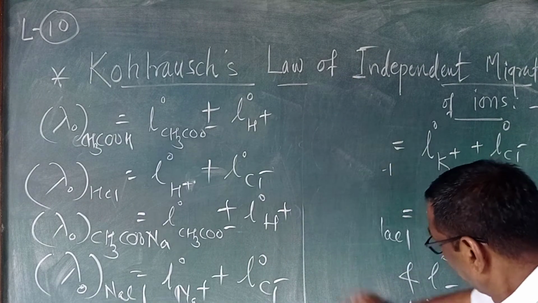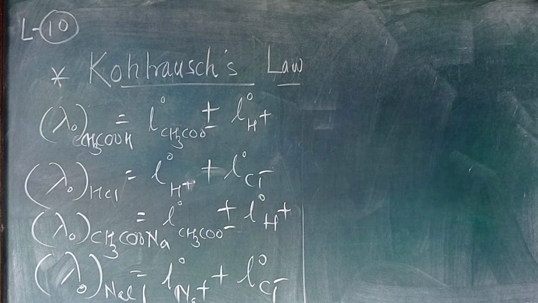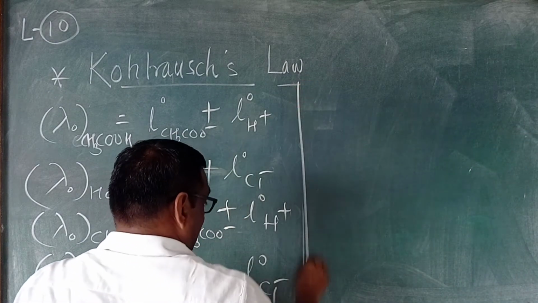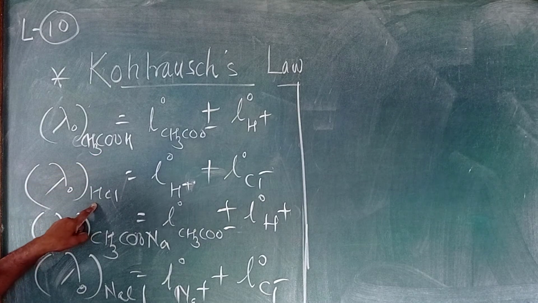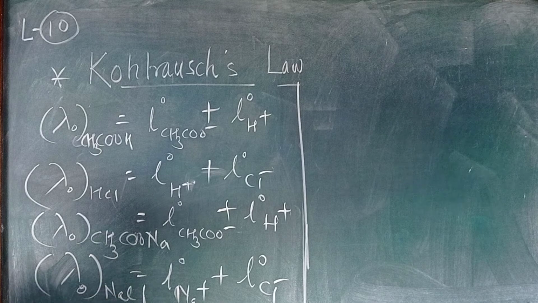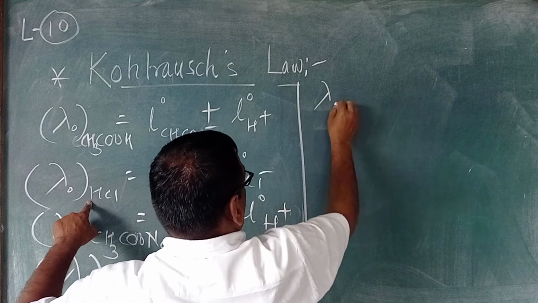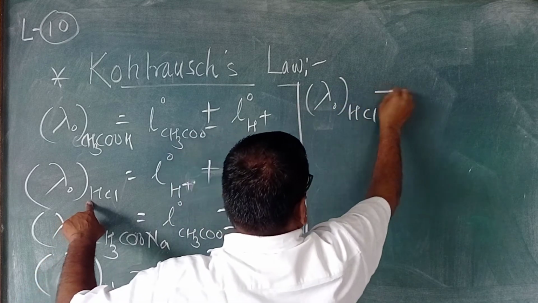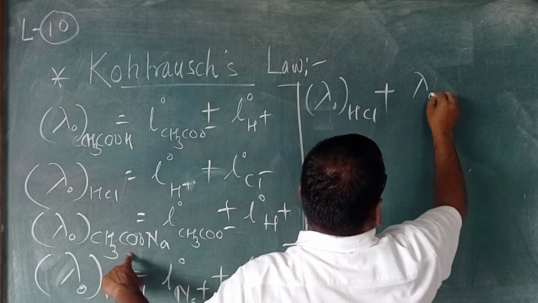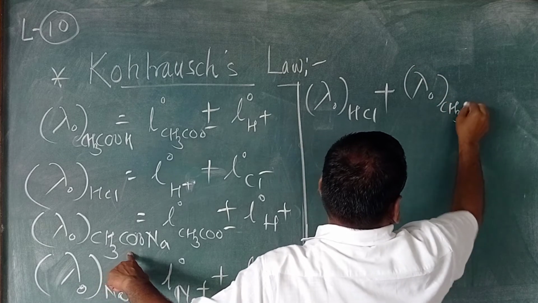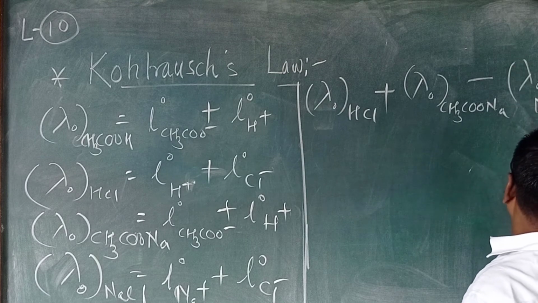Simply write lambda 0 for HCl plus lambda 0 for sodium acetate CH3COONa minus lambda 0 for NaCl.